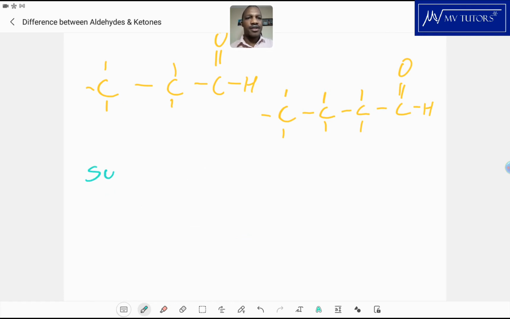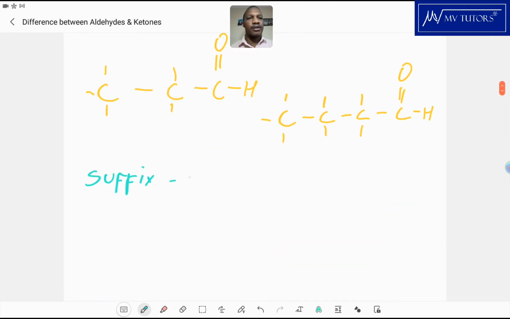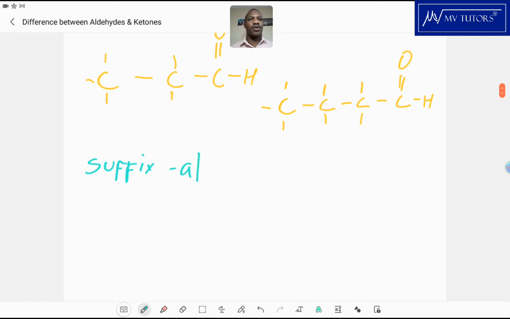Now they have a suffix. The suffix of an aldehyde is "al". So here we have 1, 2, 3. Three is prop, propane, and then the suffix "al", so propanal.